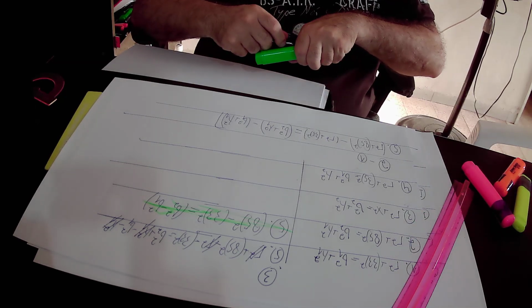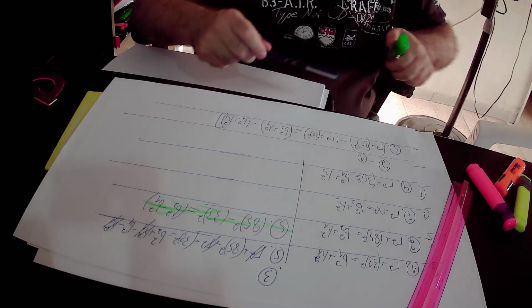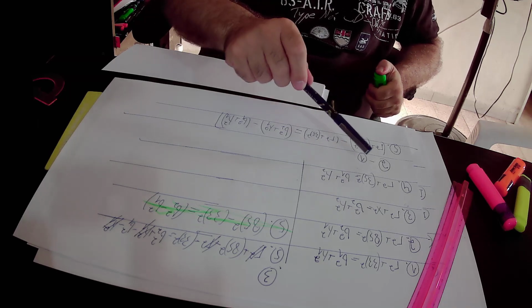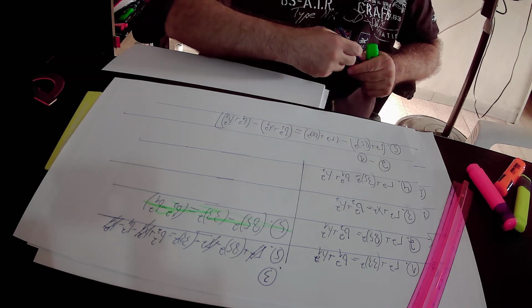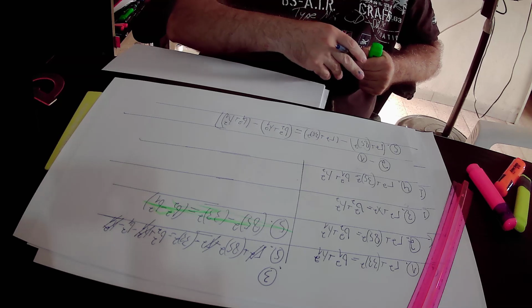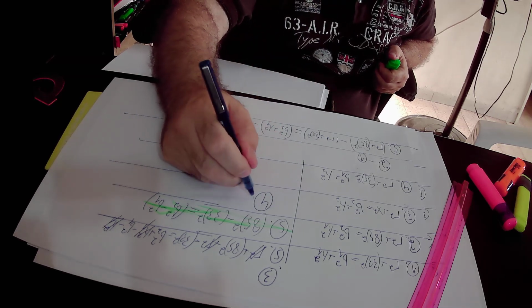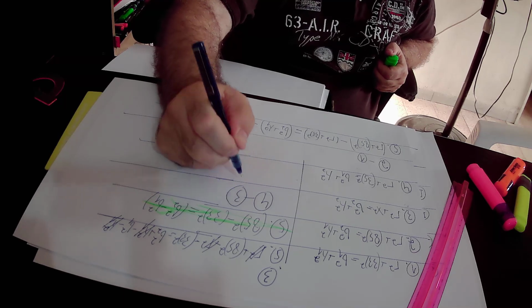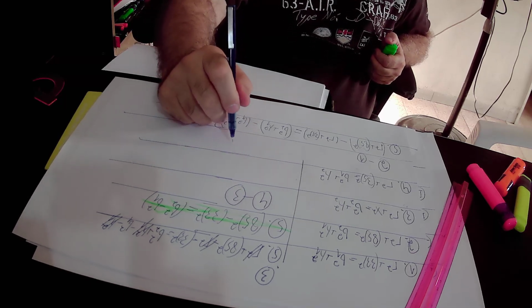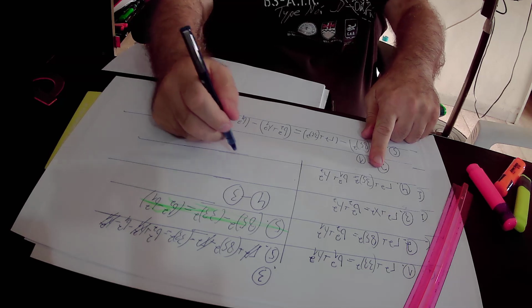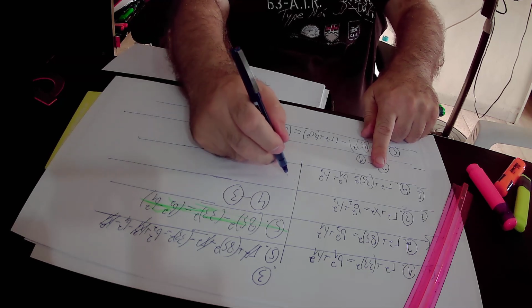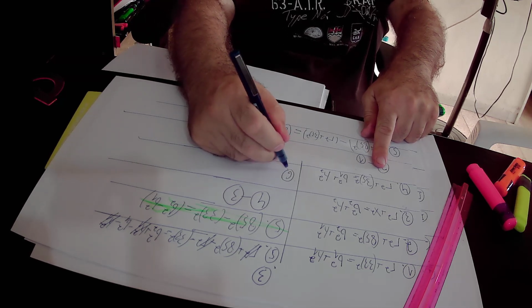In the next step we subtract equation number 3 from equation number 4, so it is 4 minus 3. In this way we get equation number 6.